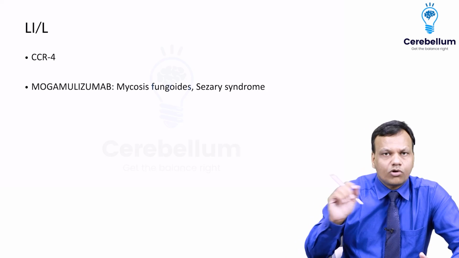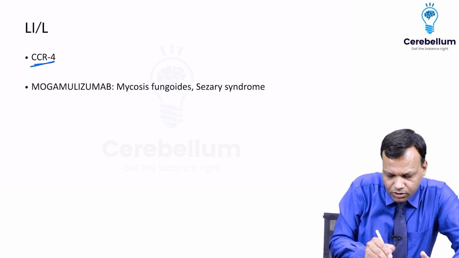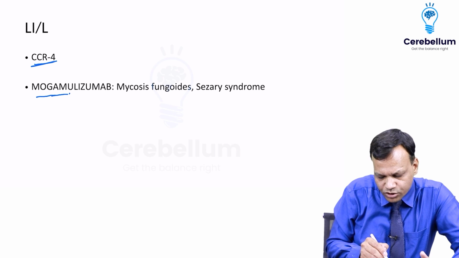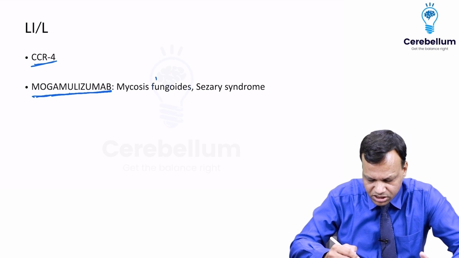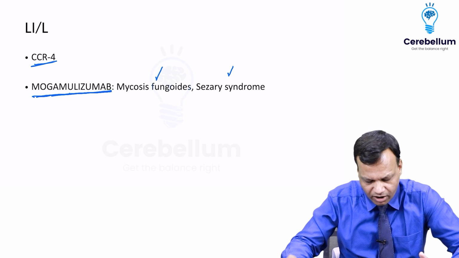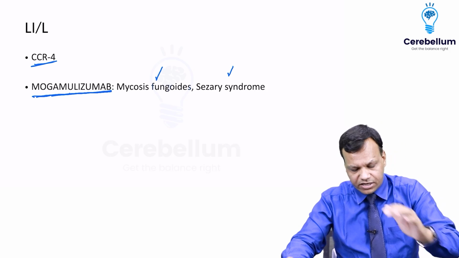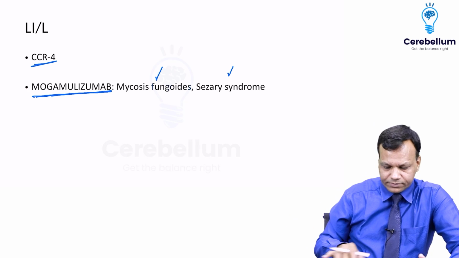Next is monoclonal antibody against CCR4. The drug is mogamulizumab. It is indicated in mycosis fungoides and Sézary syndrome. Again, no need to remember.